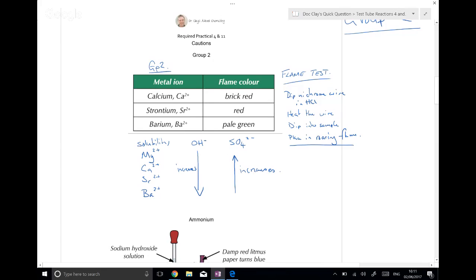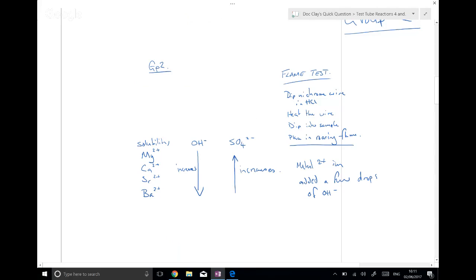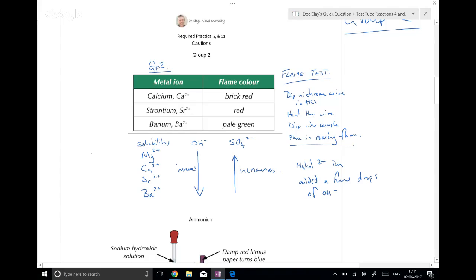So in other words, if we did a test tube reaction, if we took the metal 2+ ion and added a few drops of OH minus, then certainly for the magnesium, we would form a white precipitate.